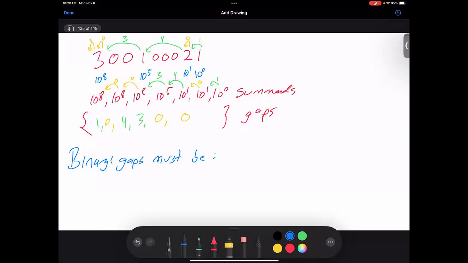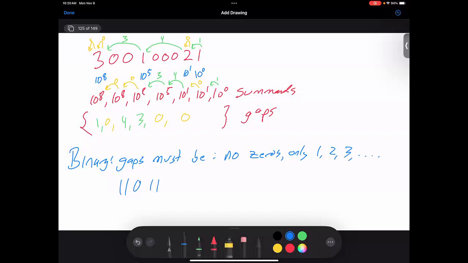It's almost the same as decimal. What's the only difference? There are no gaps of 0. Yep, no zeros. Only 1, 2, 3, and so on.